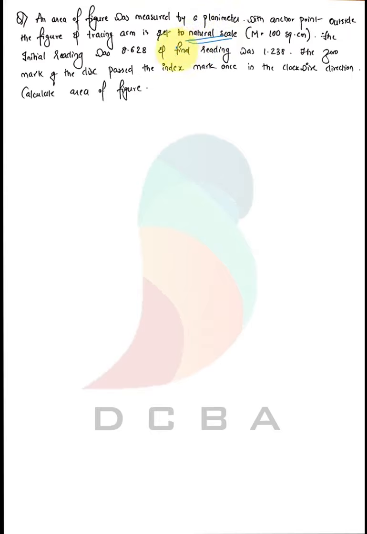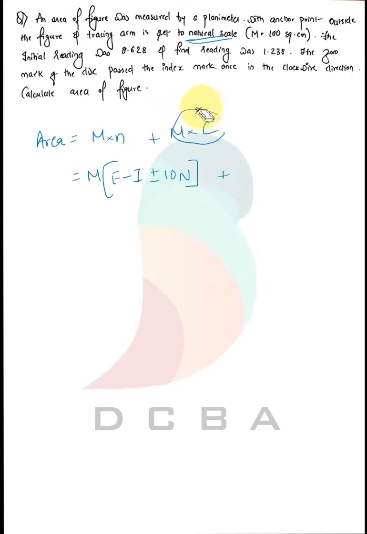Now you have to remember this, that when a planimeter is set to a natural scale, it means that m is 100 square centimeter. Do you remember the formula of planimeter? It is area is equal to m into n plus m into c, where this n is further f minus I plus minus 10n, and this mc is nothing but the area of zero circle, right?